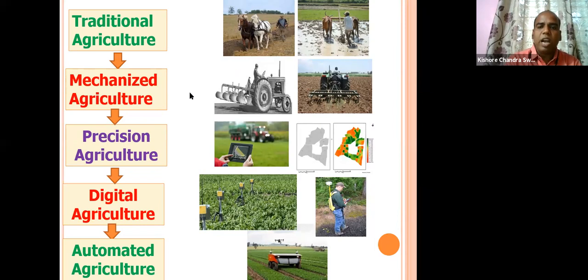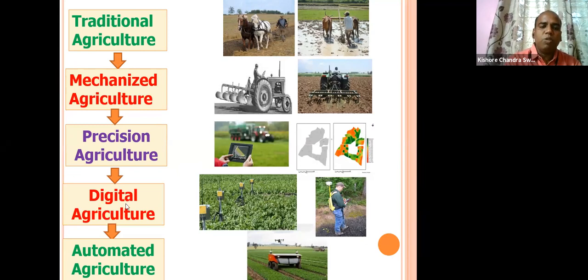In our case, we start using cultivators, tractors, and power tillers, and in other countries also they start using combine harvesters and different types of plows using tractors. And the next stage is precision agriculture, where we are collecting data, analyzing the information, analyzing the status of the crop. On that basis, we are taking the production decision.